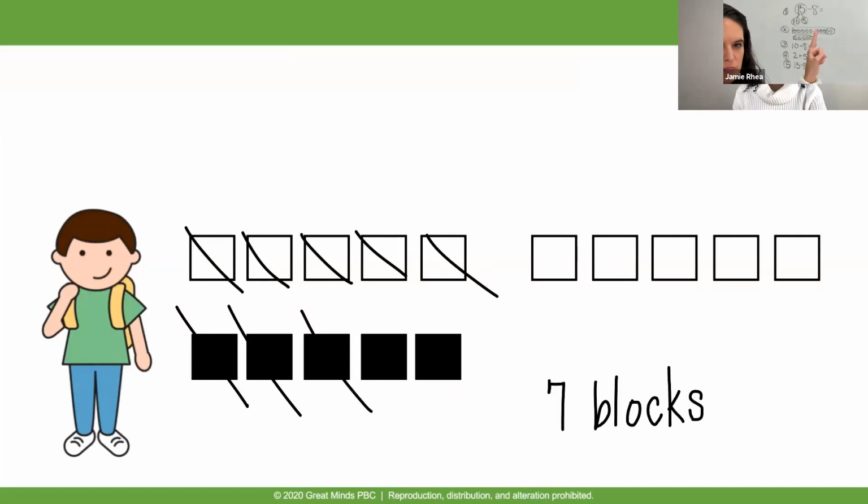I drew 15 circles and I crossed off 8. Yes, we did.